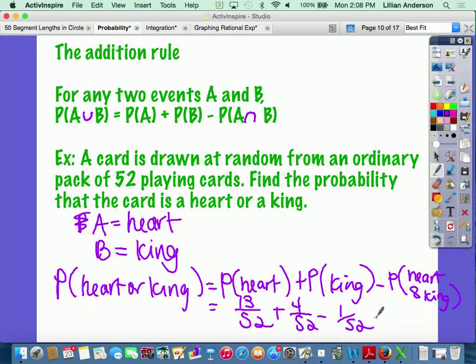And once you do the math, you'll figure out the probability that you'll have a heart or a king, the union between A and B, which is 16 out of 52. Does that reduce? Yeah, 4 over 13.